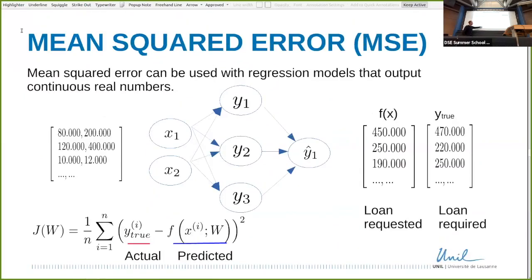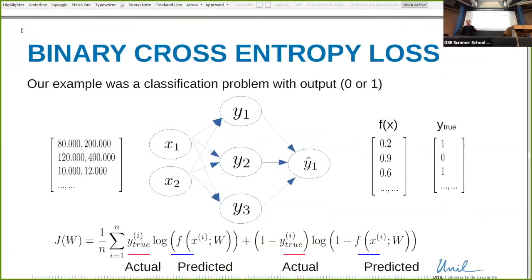One classical cost function for simple regression problems would be the mean square error. If you have classification, which you have probably all seen, it is cross entropy. It's a measure of essentially how close the empirical distribution that you want to fit is to the model's.